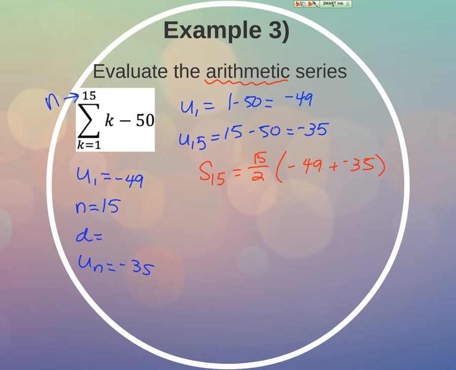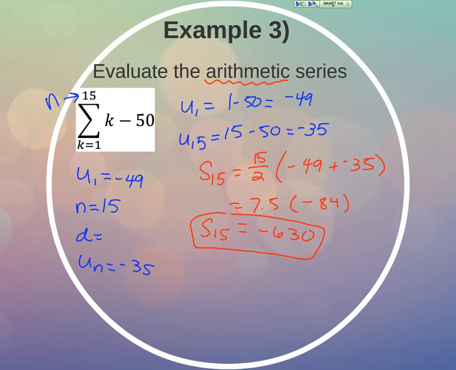Usually I like to write it down. So I end up with 7.5 times negative 84. Yep. So the sum of the first 15 terms is negative 630.